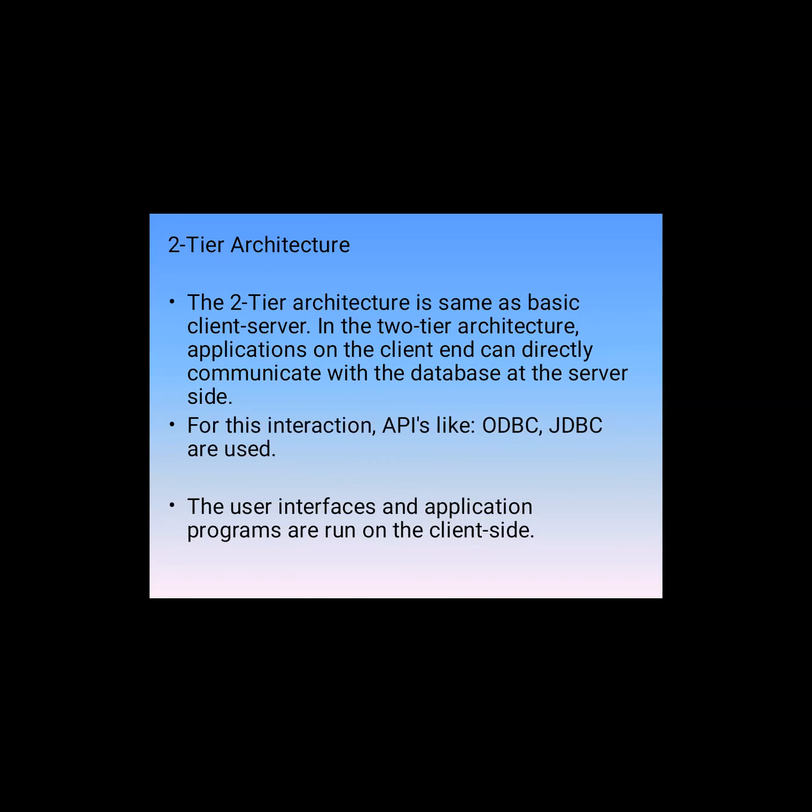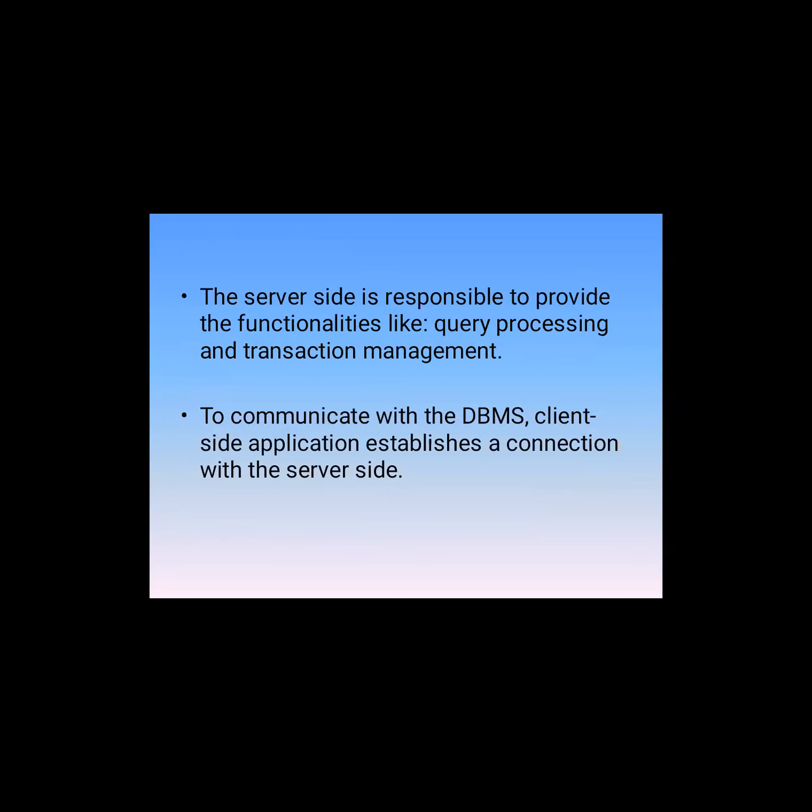The user interfaces and application programs run at the client side. The server side is responsible for providing functionalities like query processing and transaction management. Whenever the client requests some data, the request reaches the server, and the server is responsible for executing it. So performing query processing as well as transaction management is the responsibility of the server.